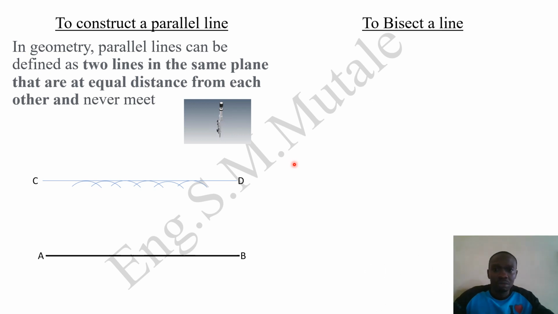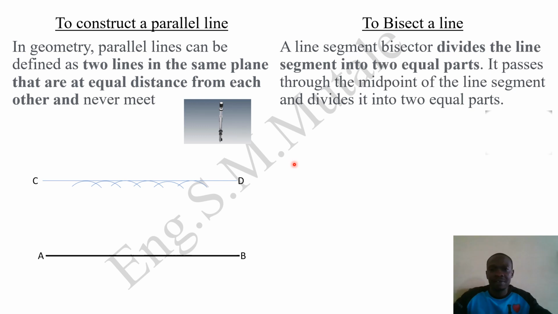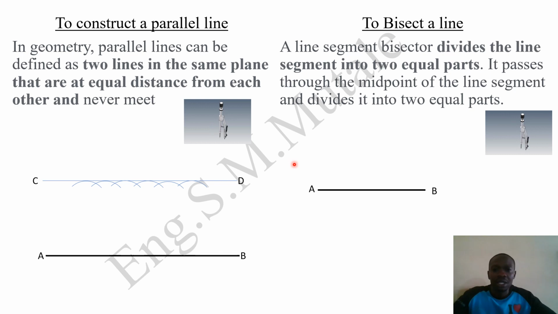When we go to bisecting a line, to bisect a line is basically to cut the line in half. So we're going to use a compass as well. Given a line, let's call it AB, we want to cut this one in between. What you can do is stand at that point, open your compass to a radius which is more than half.